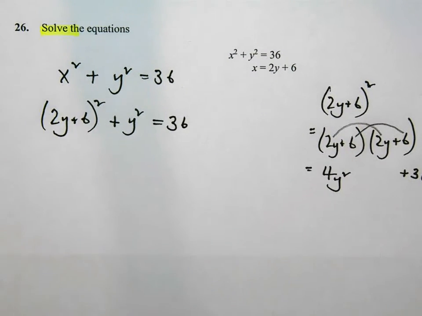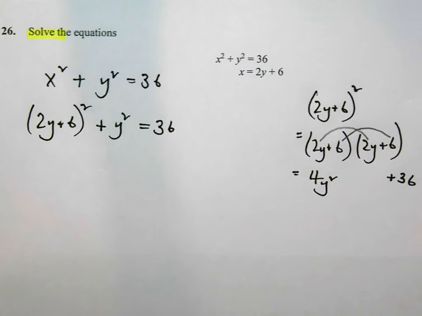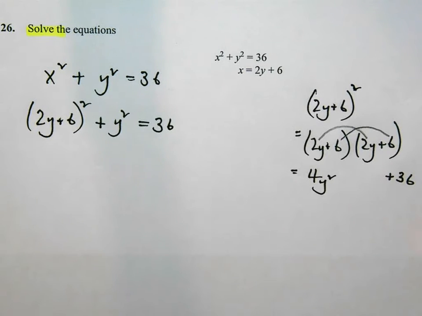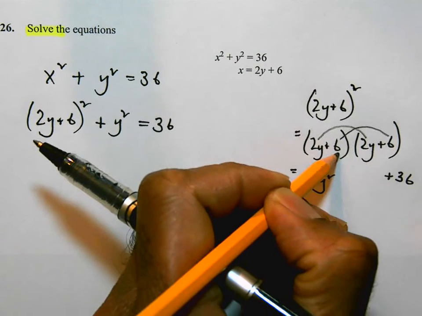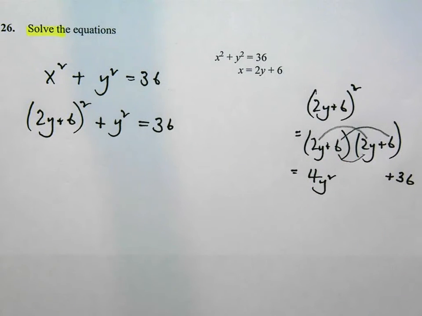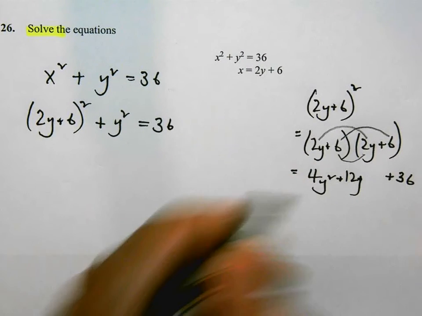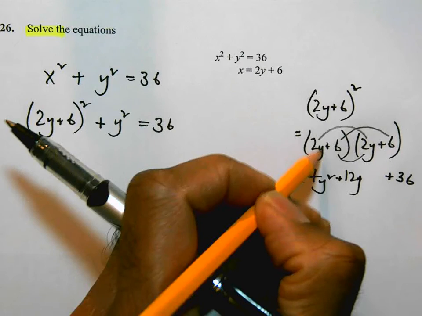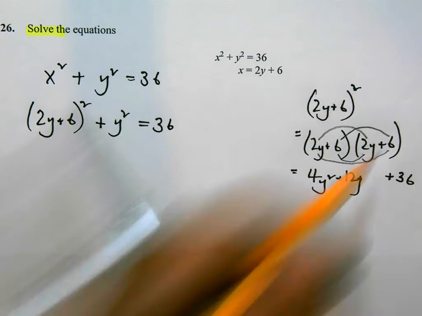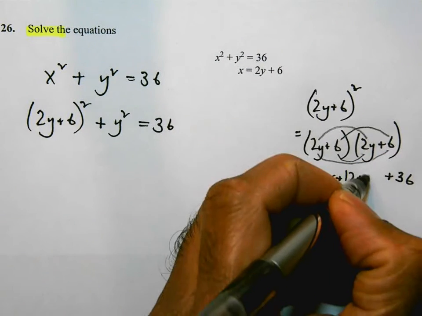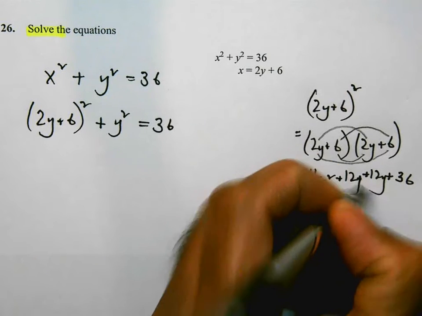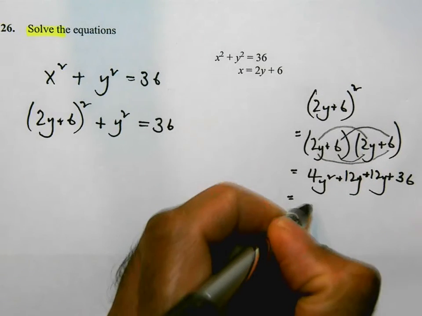And then in the center, I'm going to do plus 6 times 2y is plus 12y, and again 2y times 6 is plus 12y. Tidy this up and it's going to give me 4y squared plus 24y plus 36.